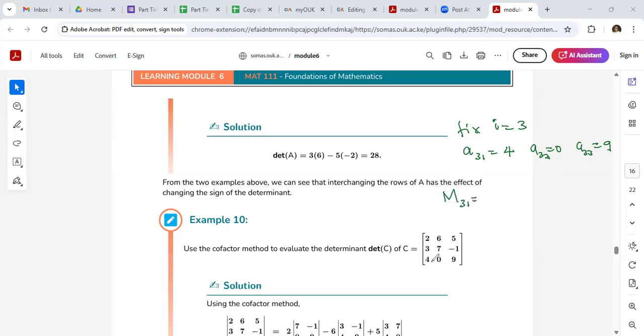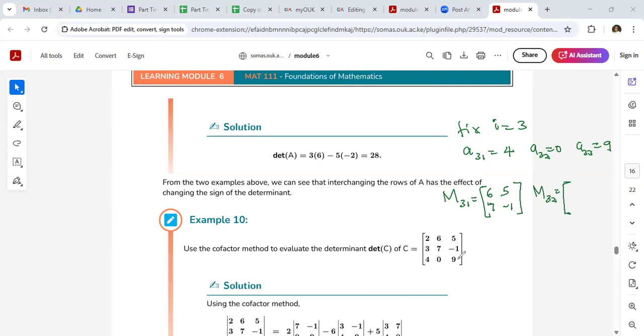How do you find M31? Delete the ith row, delete the third row, first column. So you're left with the matrix 6, 5, 7, negative 1. Then M32.